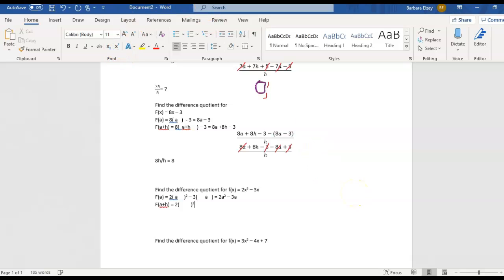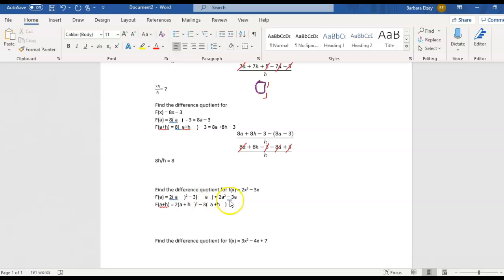So 2 parentheses squared minus 3 parentheses. But this time let's drop the a plus h into both sets of parentheses. And I'll get rid of some of this extra space.